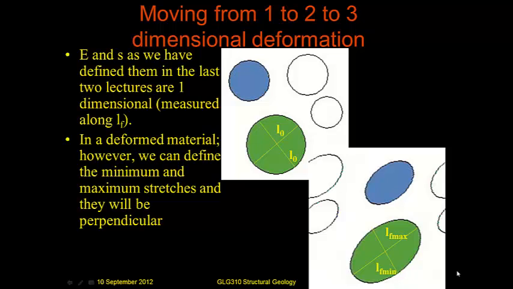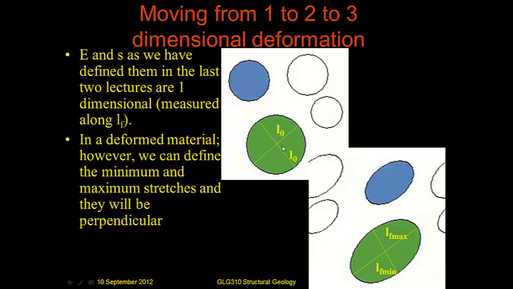One thing you probably started thinking about is that we've been talking about the elongation and the stretch as we define them as just one-dimensional, just along the final length. But we know rocks deform in two directions, so they might be shortened in one way and extended in the other. In this example with these pictures, you can see a few different circles, and they all have the same initial lengths, which are just the diameters.